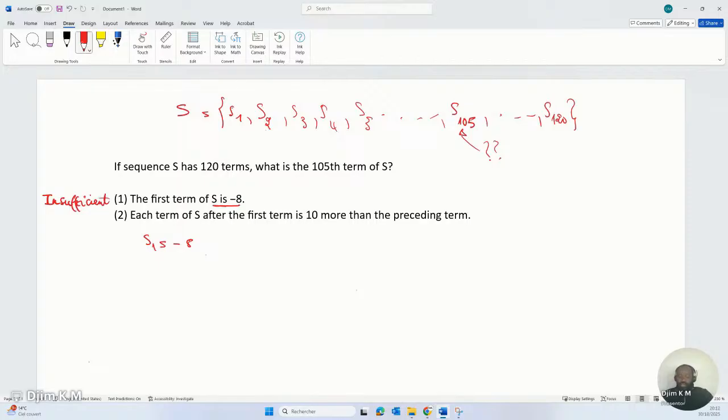The second condition says each term of S after the first term is 10 more than the preceding.